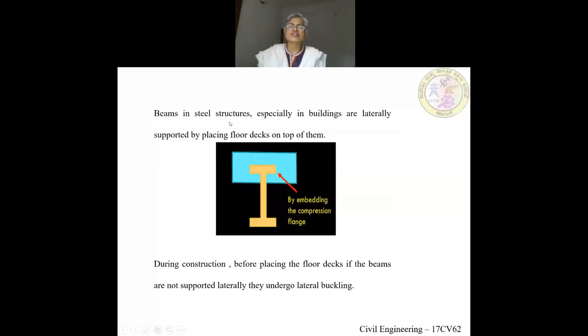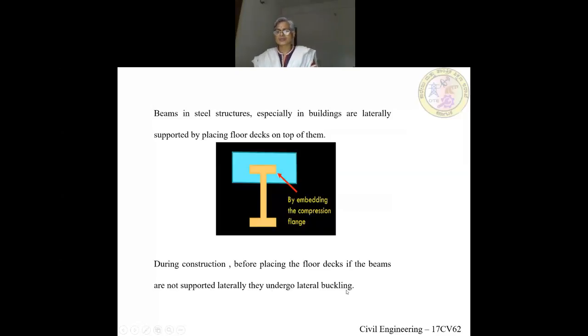Beams in steel structures, especially in buildings, are laterally supported by placing floor decks on top of them. During construction, before placing the floor decks, if the beams are not supported laterally, they undergo lateral buckling.